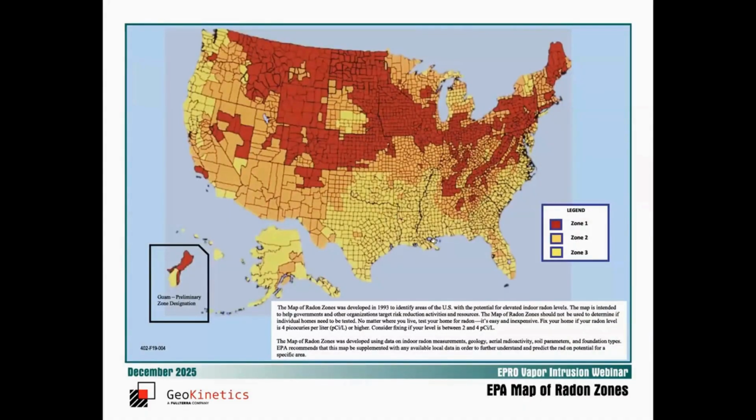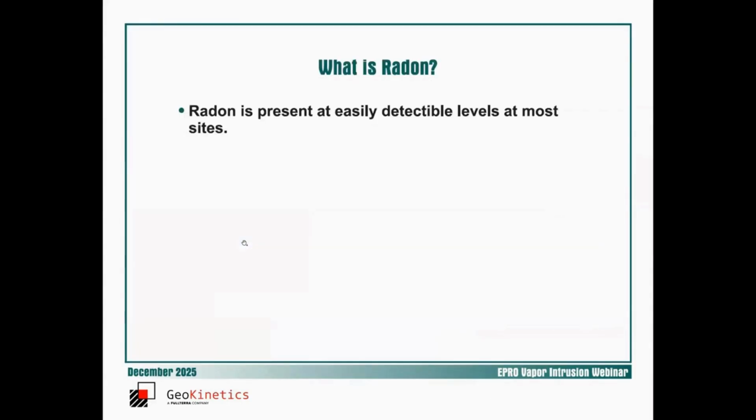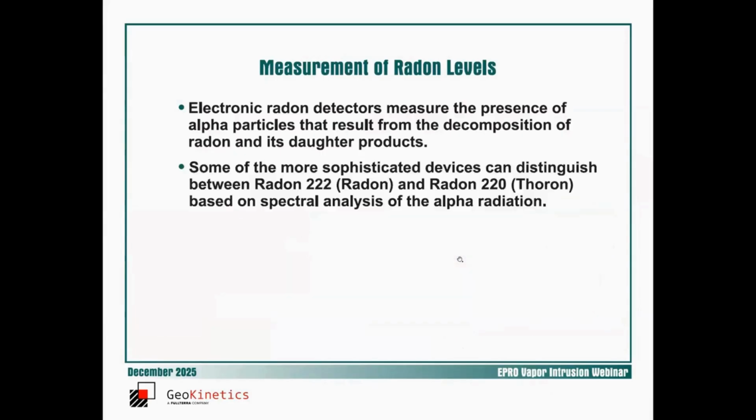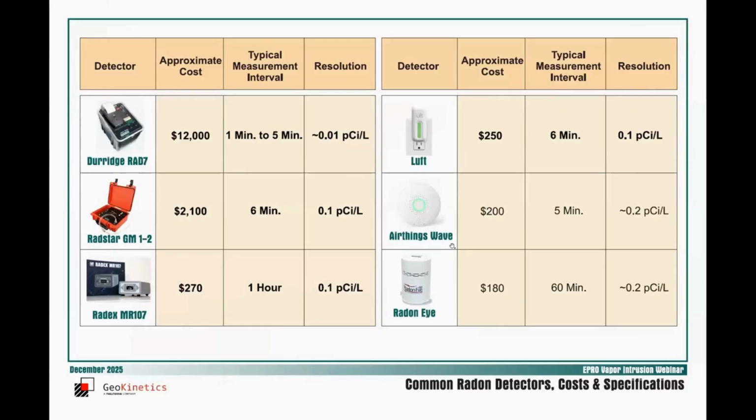Looking at the radon map of the United States, we found that even in areas where the soil gas radon levels are supposed to be low, we've got high enough levels to use radon as a surrogate. A lot of different detectors are available to measure radon concentration, some of them inexpensive, a couple $100, some of them more expensive. Some of these devices can distinguish between the different isotopes of radon, which can be useful.